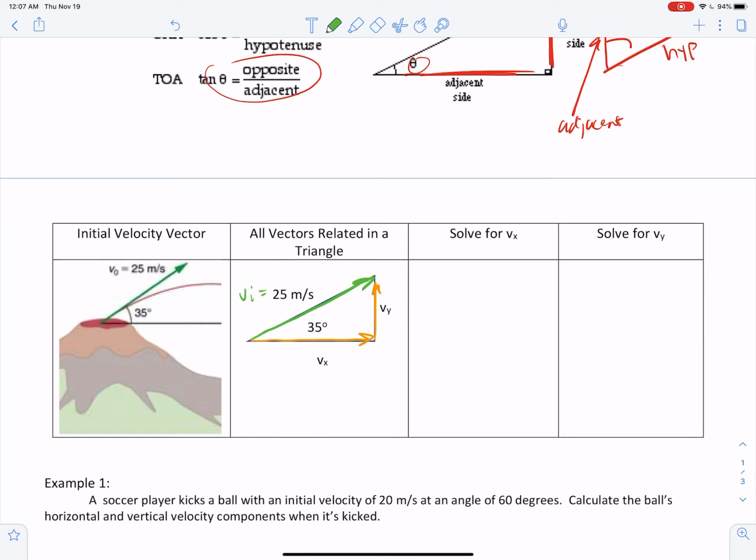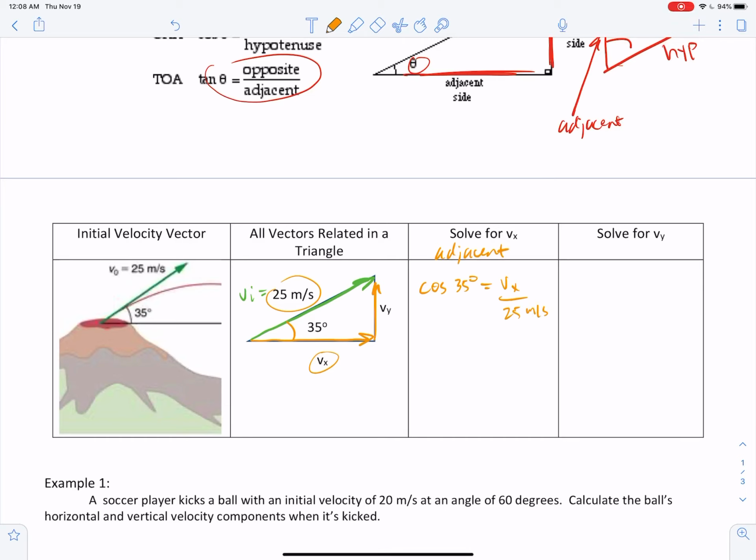So if we want to solve for the horizontal velocity, if we want to figure out what this one is right here, we would want to identify that Vx is the adjacent side, right? So what relates the adjacent side to the hypotenuse? Cosine does. So we would say the cosine of 35 degrees is equal to the adjacent leg, which we're calling Vx, divided by the hypotenuse, which is the 25 meters per second side.